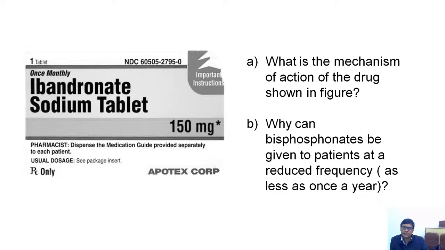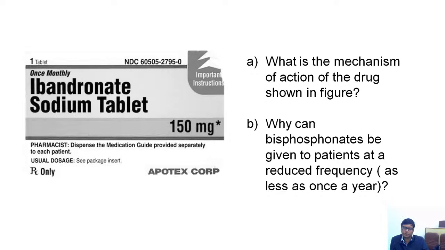But the thing with these bisphosphonates is that they have a high affinity for calcium phosphate, so they get specifically concentrated in the bone matrix, and from that site they keep on acting on the osteoclasts, thereby inhibiting their bone resorptive action. Thereby they contribute to the anti-resorptive role in the management of osteoporosis.